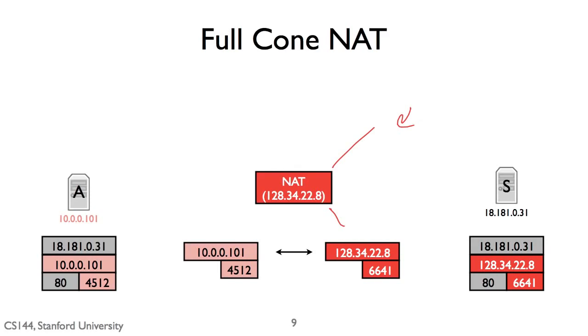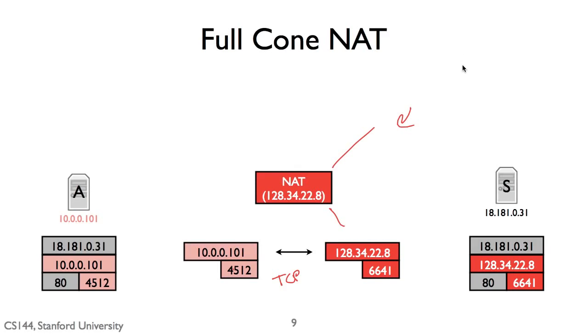The basic model is that any TCP packet that comes into the NAT to this IP address and port pair will be translated to this IP address and port pair, regardless of what the source address and source port are. This is the least restrictive.